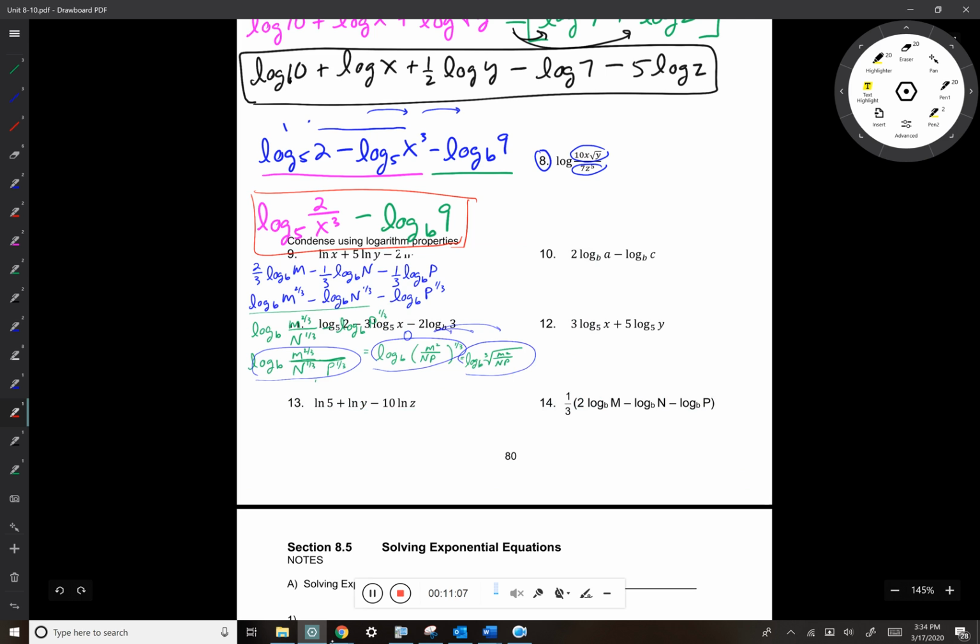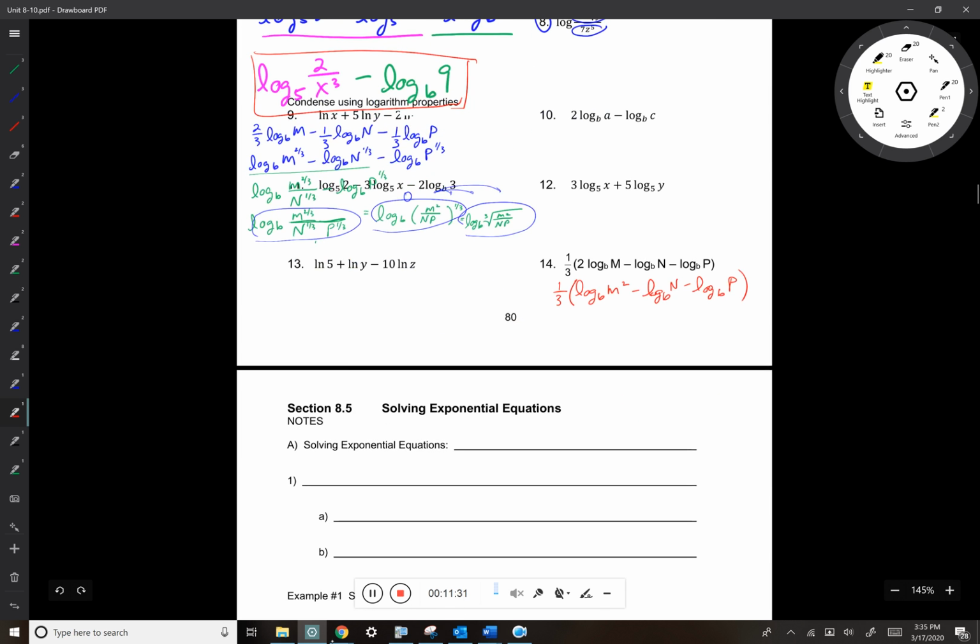So on this one, let's say you ignored the 1/3 and you just worked on the inside of this parenthesis, right? So you have a 1/3, and then on the inside, this is going to be log base b of m squared, minus log base b of n minus log base b of p. And then you said, okay, now I'll just combine all the ones on the inside.